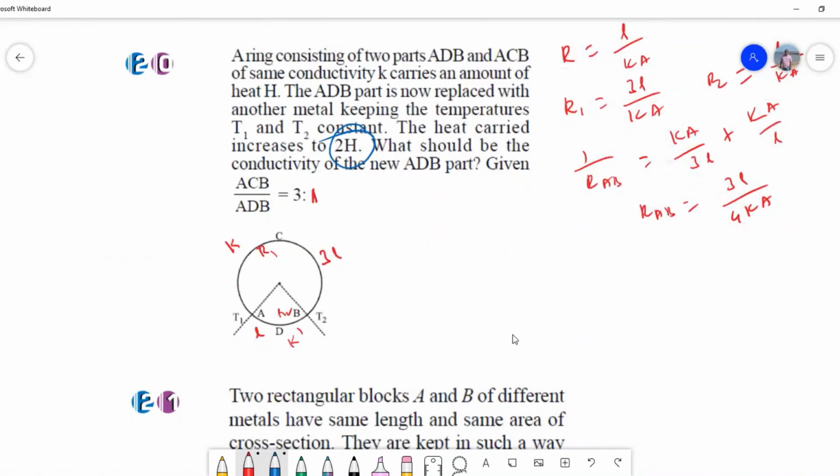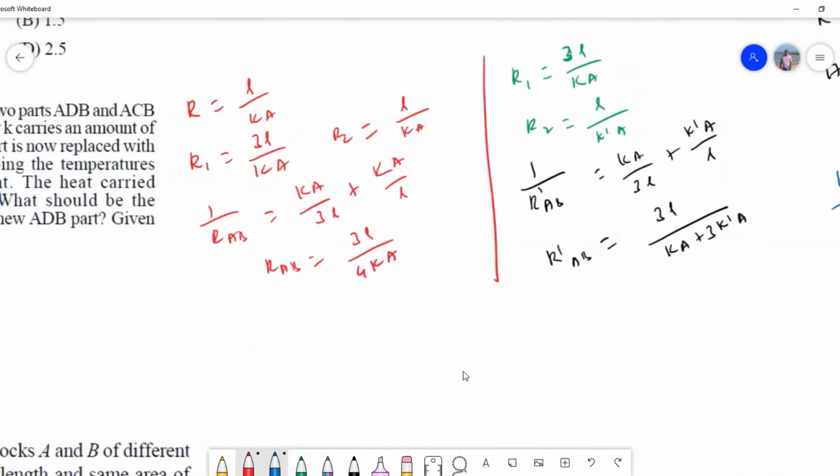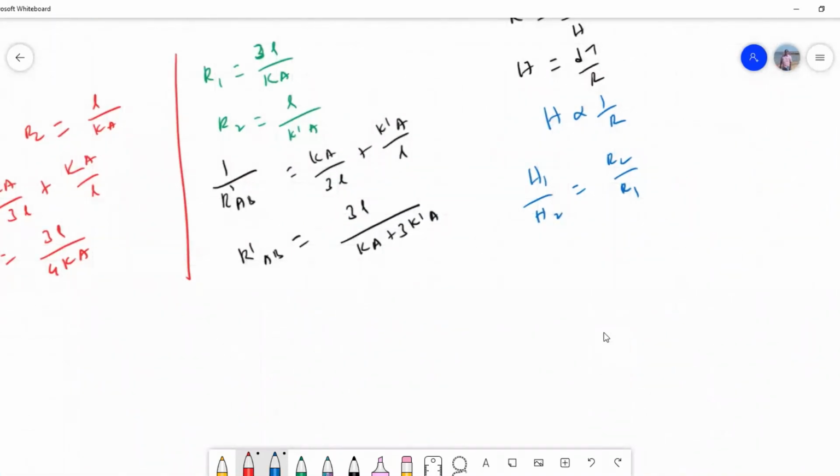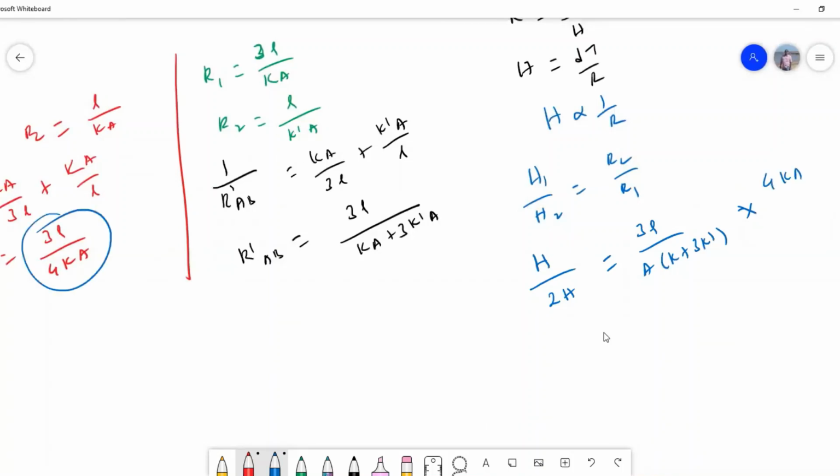So if you take H1 as H, H2 we need to take as 2H. So H upon 2H is equal to, what is R2 here? 3L by A times K plus 3K dash, and R1 is 3L by 4K, so 4K goes up by 3L.